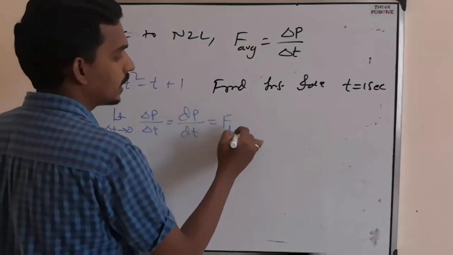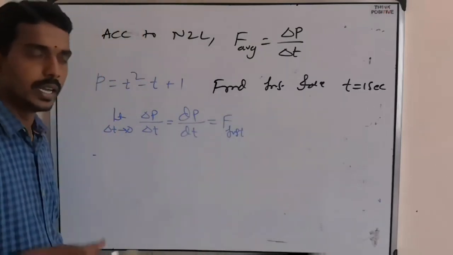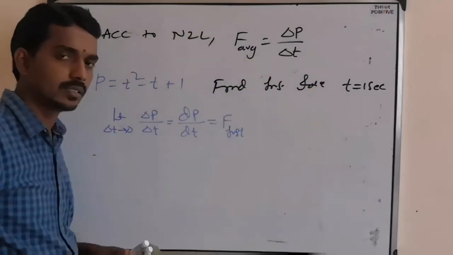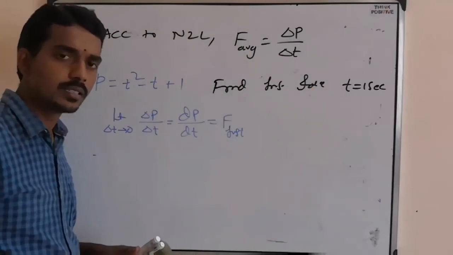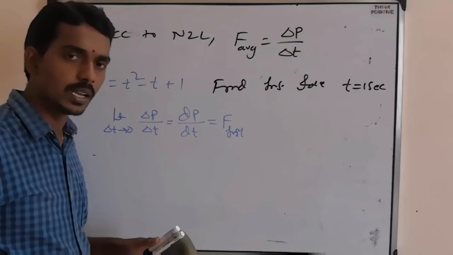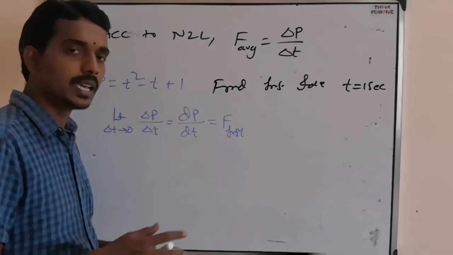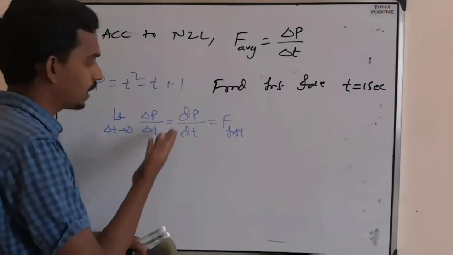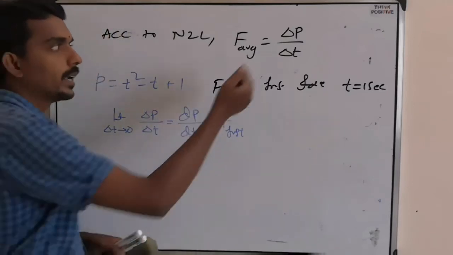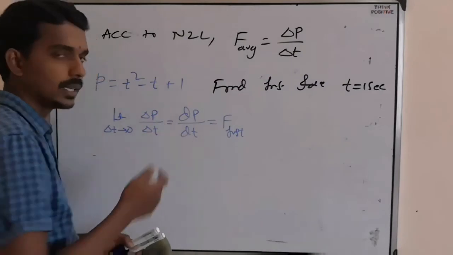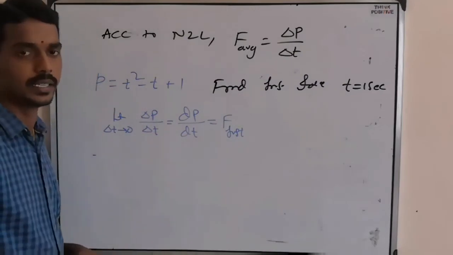This is nothing but instantaneous force. At any particular instant, we call it an instantaneous value. But how do you find an instantaneous value? Rate of change, using the mathematical phenomenon, differentiation. Then delta p by delta t will become dp by dt.